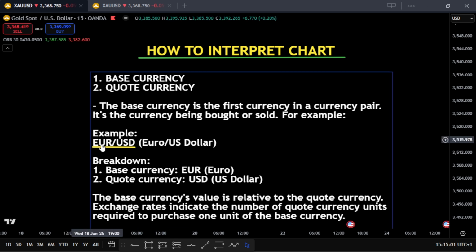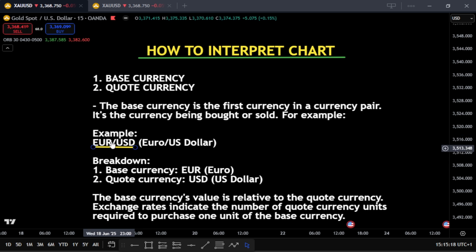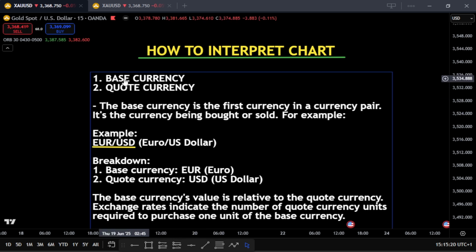So what you need to understand in interpreting charts is we have two currencies. The first currency that starts the naming is called the base currency. Like when you see the Euro US dollar, the first currency, which is euro, is called the base currency.